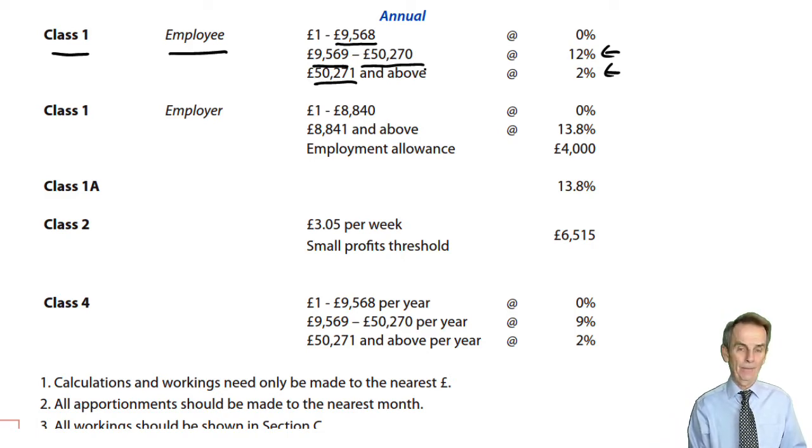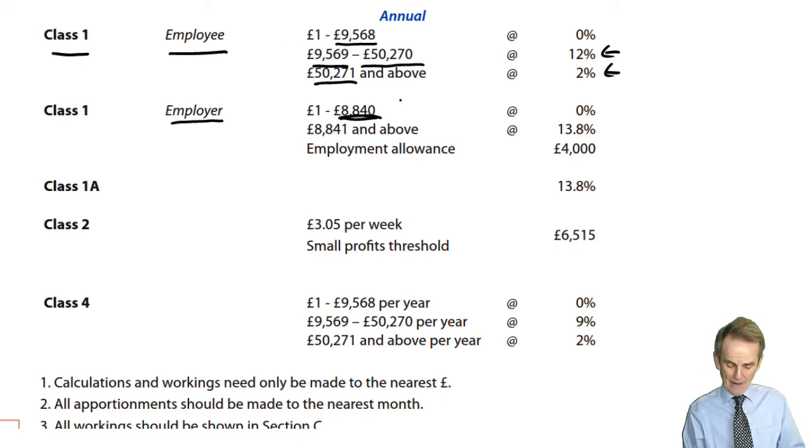In relation to the employer contributions, sorry about the study notes there, the first version had a different number, the old 2021 level, but for 21-22 we've got a threshold here of £8,840, up to which there are no contributions payable by the employer. Above that figure, without any further upper limit, everything above £8,840 is at 13.8%.